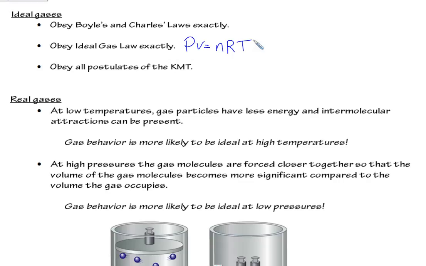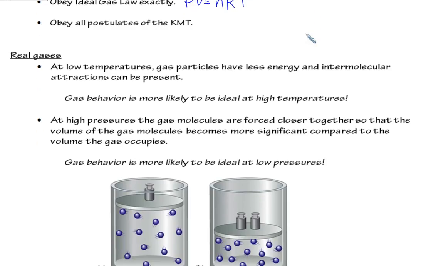But that's a little different than what we might really experience in the lab. Often we do labs with gases, and you might think, the data's not quite what I expected, but that might just be due to the nature of the particle. For example, real gases might have some relatively significant intermolecular forces.